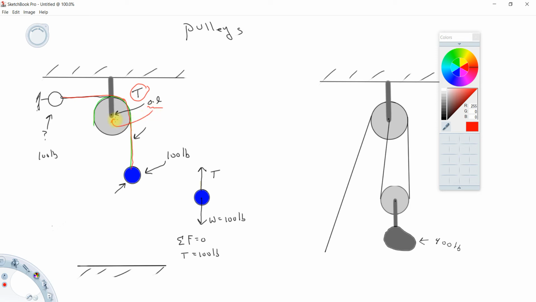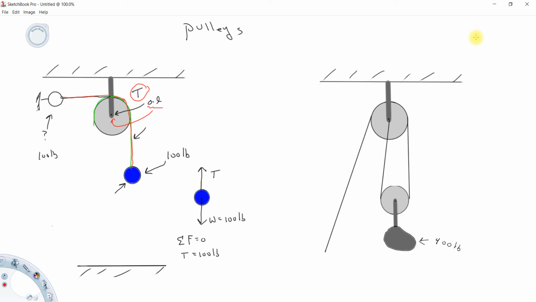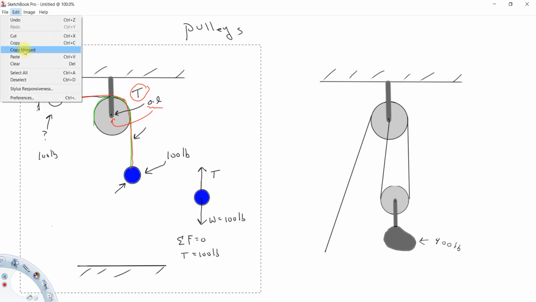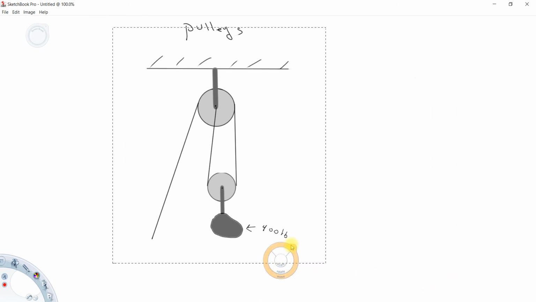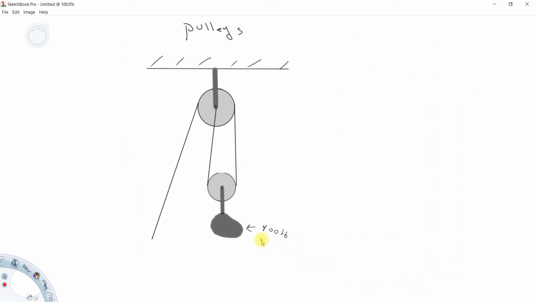Now, if we take a look at the one on the right here, I've got a slightly different circumstance. I'm going to just get rid of this now. Bring this one over. All right, so now, imagine we got this 400-pound object that we want to lift.